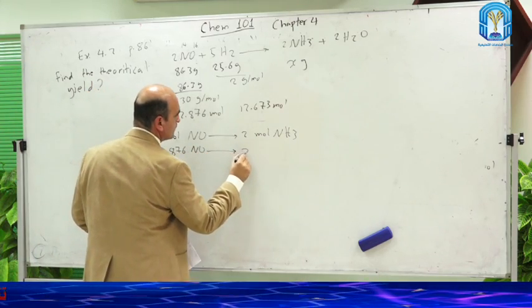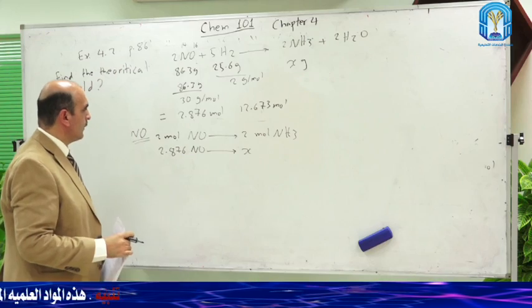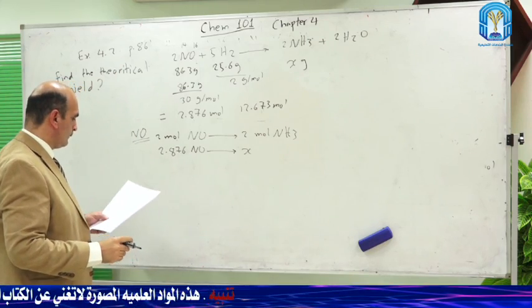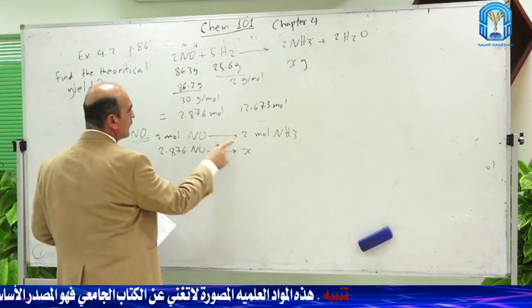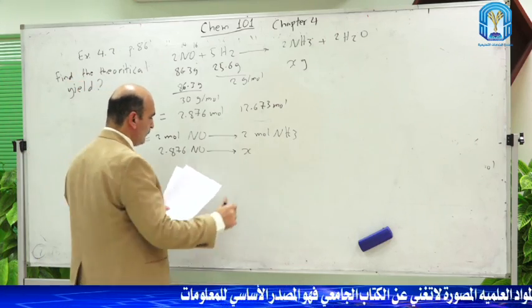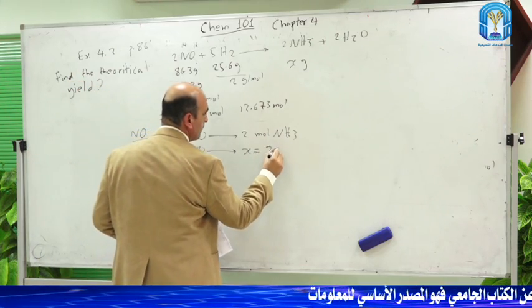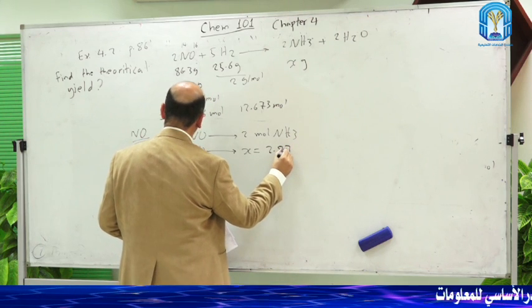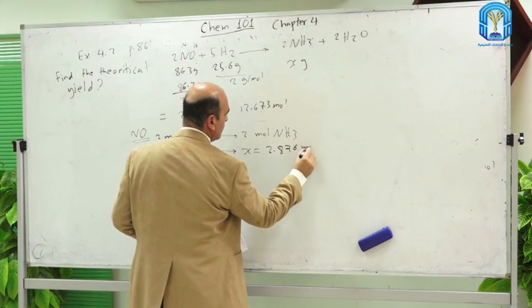And this gives us X, which we need to calculate. Of course, since 2 mole gives 2 mole, so 2.876 will give the same 2.876 mole ammonia.